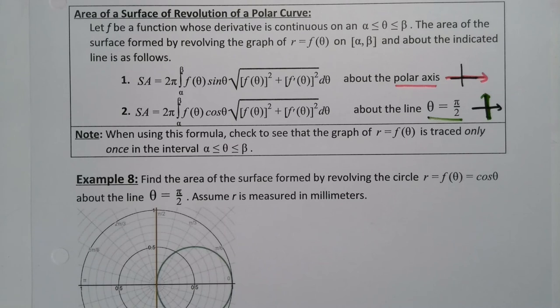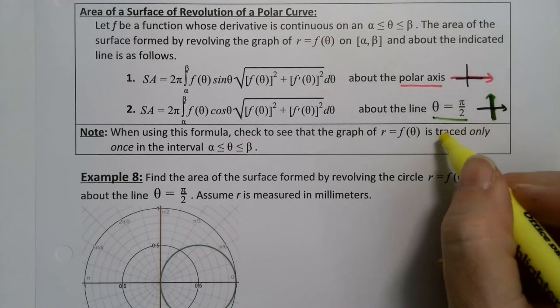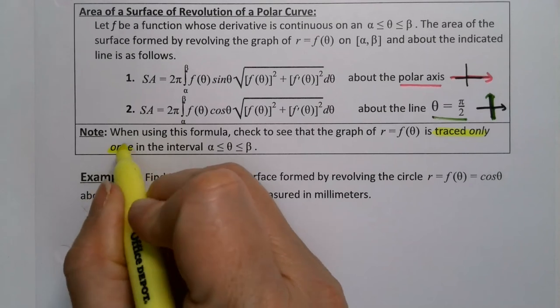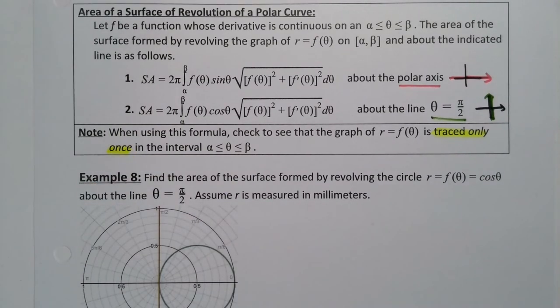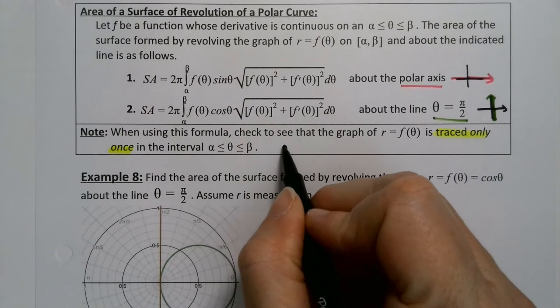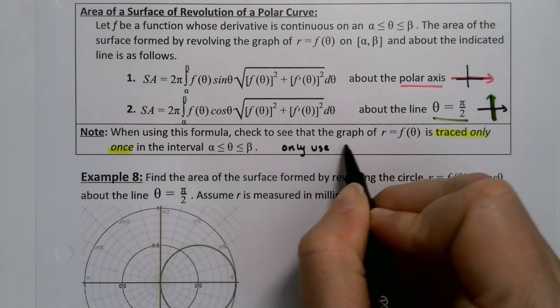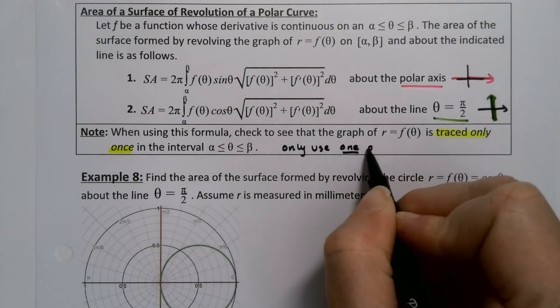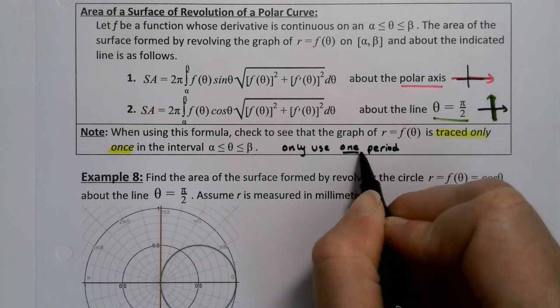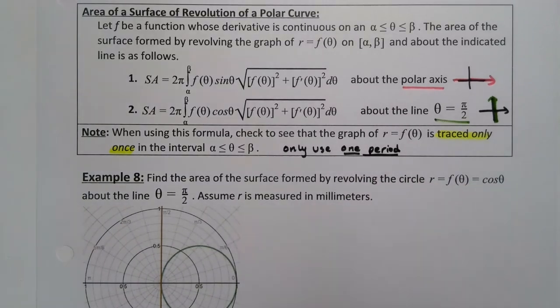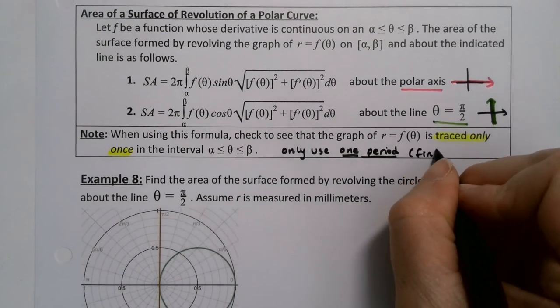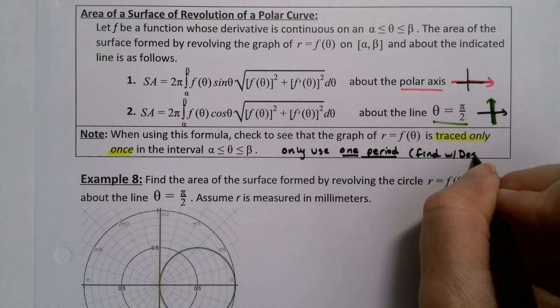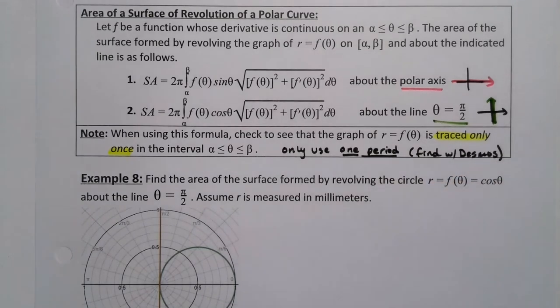In other words, yet again, we need to have only one period, traced only once. So you cannot have more than one period. That's why that period finding method in Desmos is so important, because you'll need it for your limits of integration.